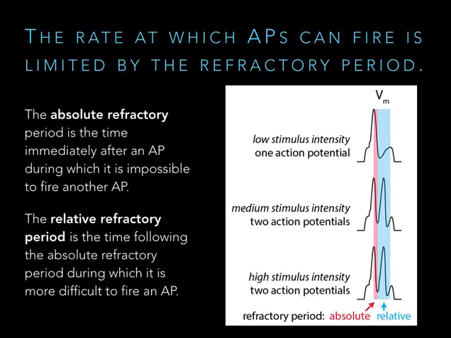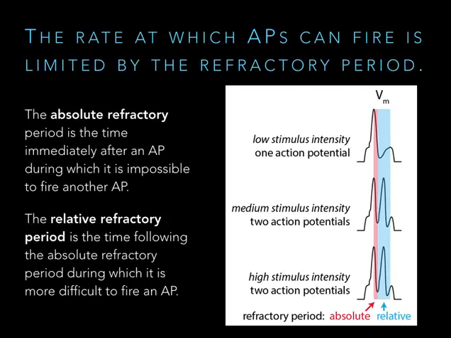Okay, so if we're getting low stimulus intensity, that might be enough only to initiate one action potential. We're never going to initiate another action potential in that red absolute refractory period. But if we were to see a more intense stimulus, then we could create another action potential in the relative refractory period.